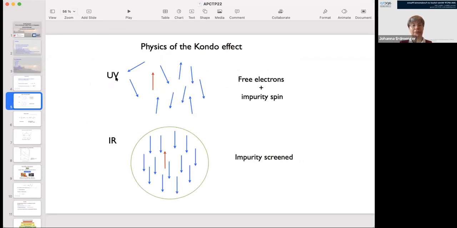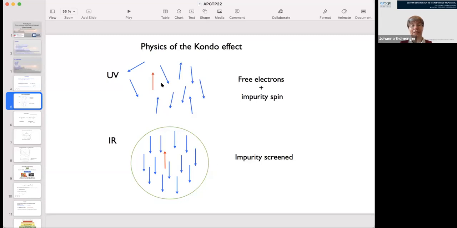If we are in the UV, which means high temperatures, then essentially we have this impurity spin, which is this red spin here, and then you have the cloud of electrons, which have these blue spins. In the standard Kondo model, which was established already by Kondo in 1964, we actually have just 3 electrons in this impurity spin.